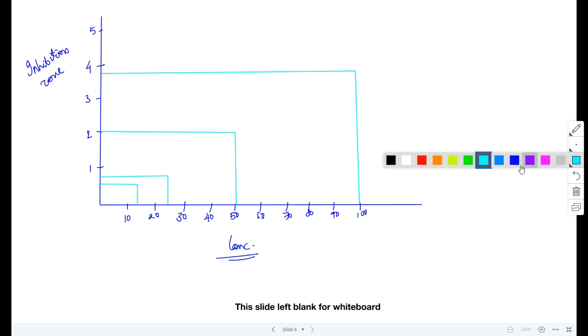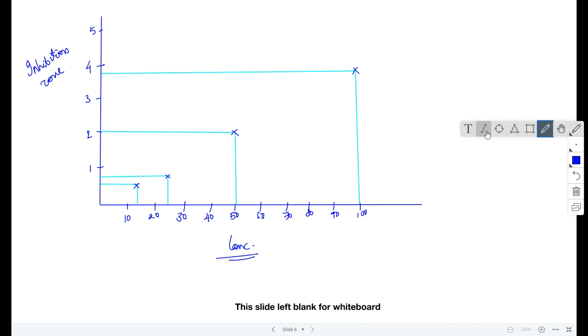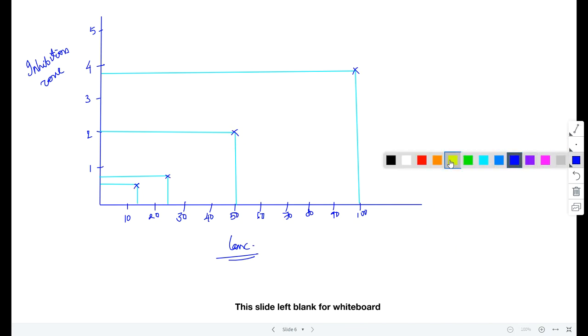Now let's draw the curve. If I need to draw a straight line, it should fall this way. No, I'm not getting a curve like this. Let's draw a curve. We'll be plotting a graph.